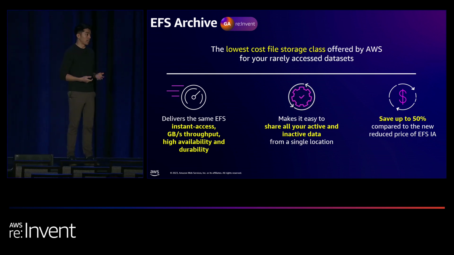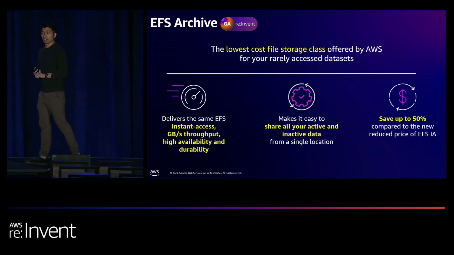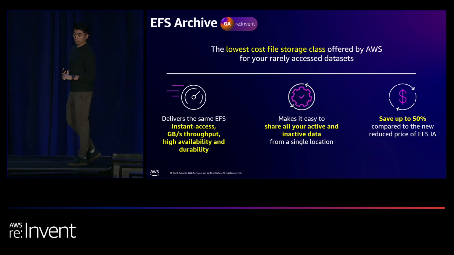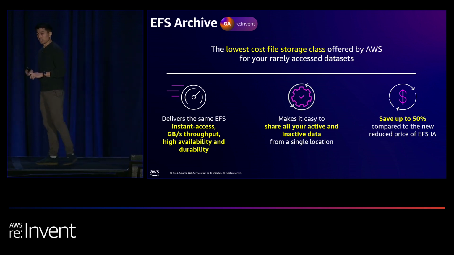And with EFS Archive, you get the same experience that builders love about EFS. You get the same instant access, so milliseconds of access, same gigabytes per second of throughput performance that you get from EFS's other storage classes, and the same high availability and 11 nines of durability that Louise talked about earlier.